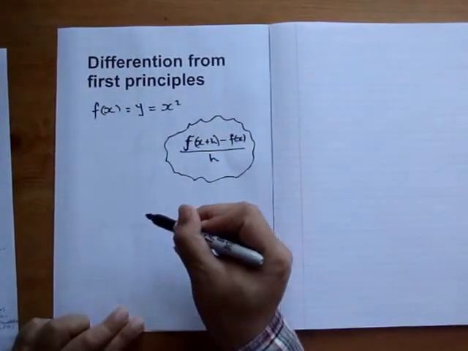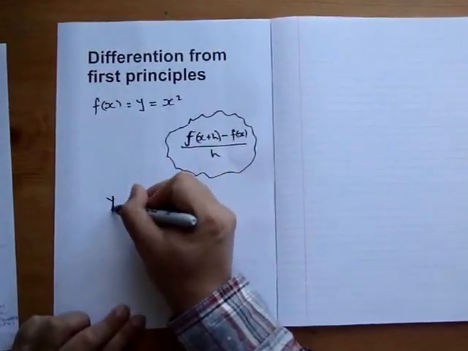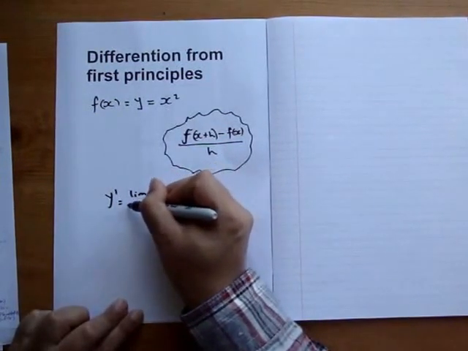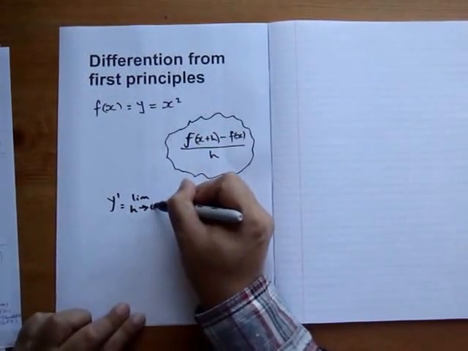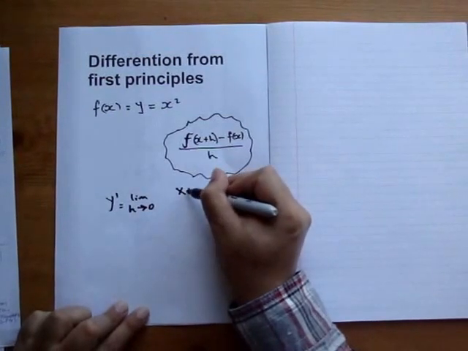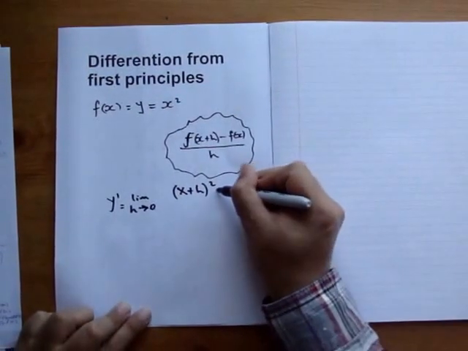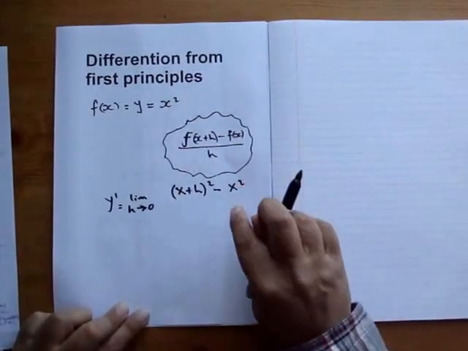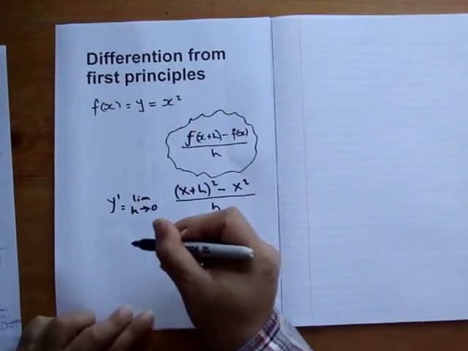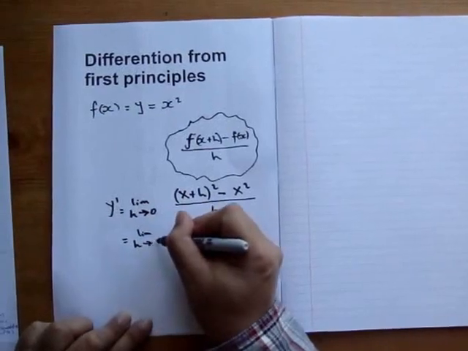So when we're differentiating, y prime equals the limit as h goes to 0, x plus h squared minus x squared, which is y, all over h, equals the limit as h goes to 0.